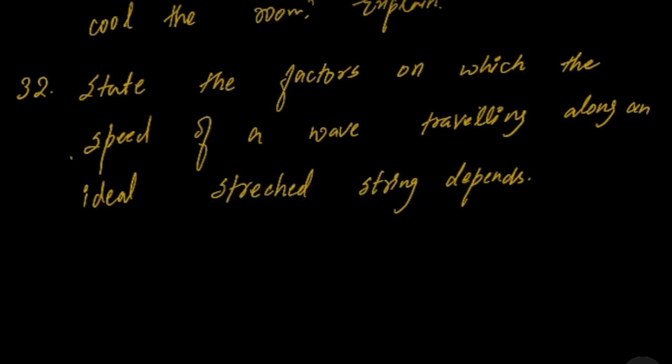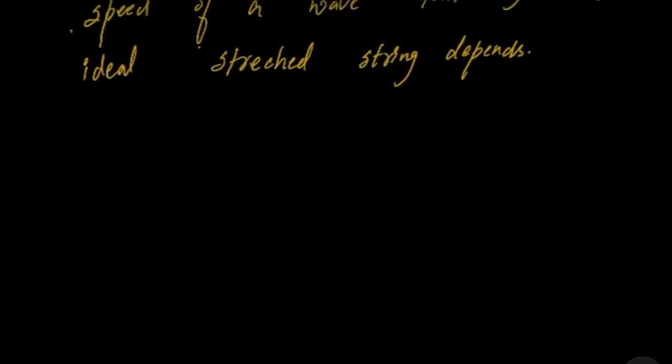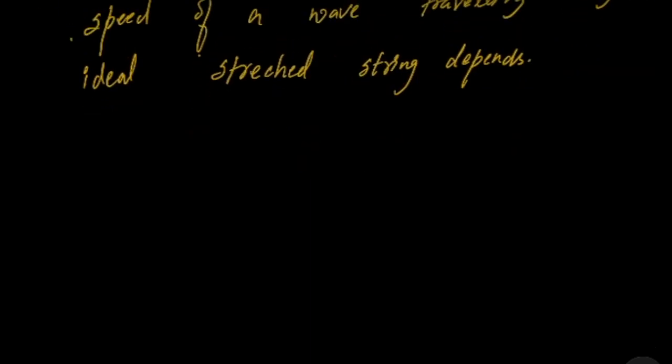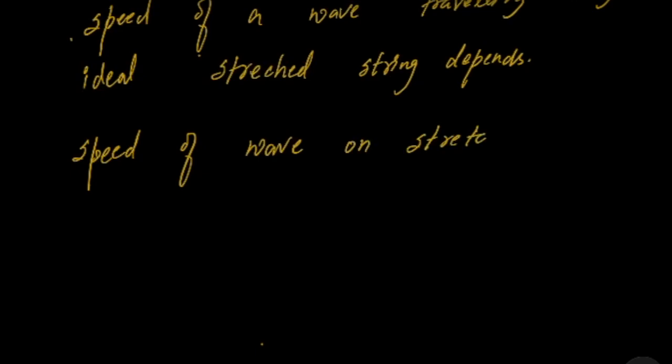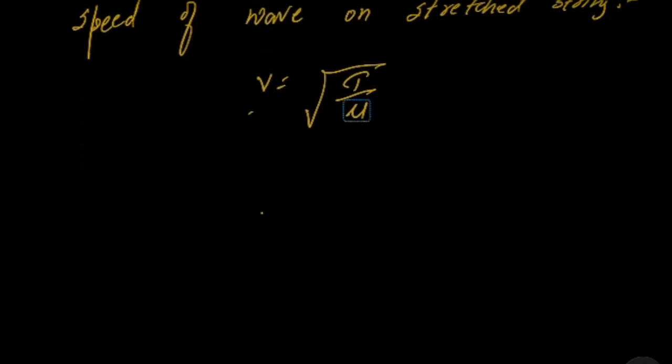As we know the formula for the speed, first of all write that the speed of wave on a stretched string. So the formula is V is equal to root under T upon mu.